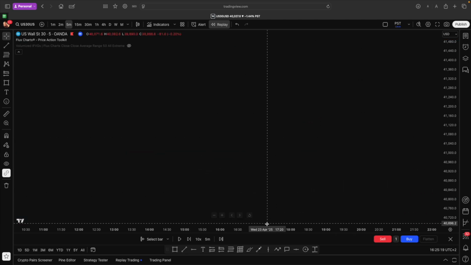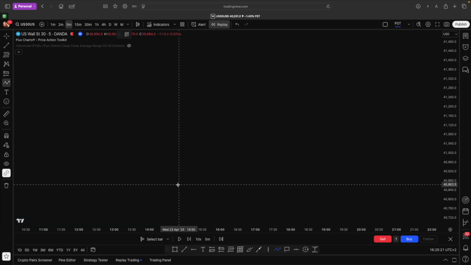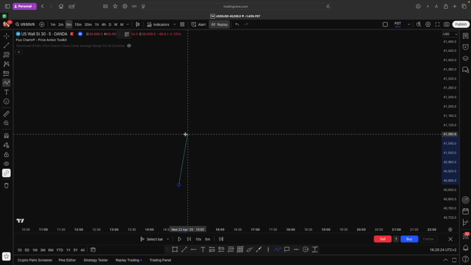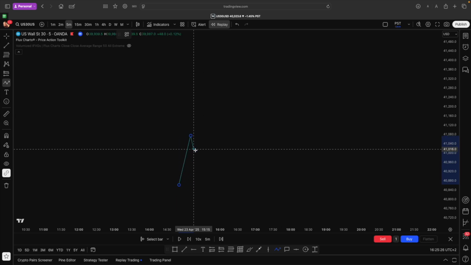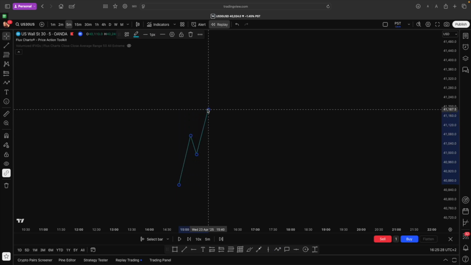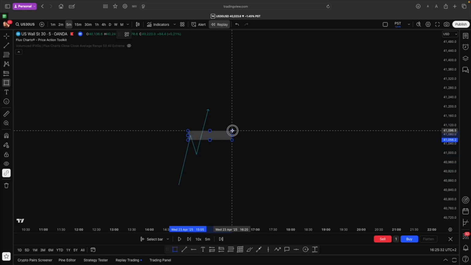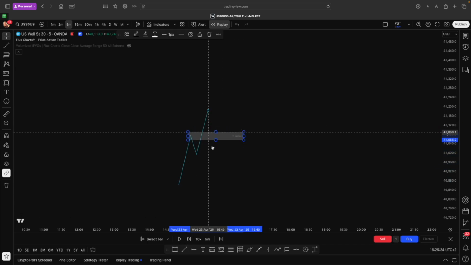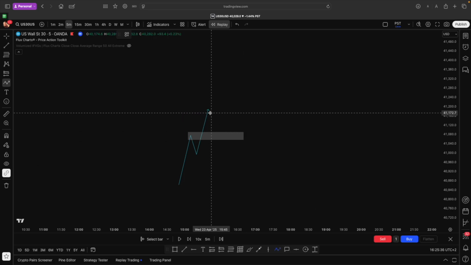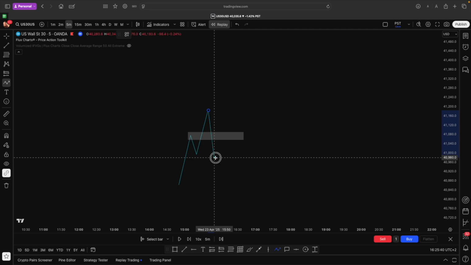Alright, so let's just quickly recap this one. If New York opens and we get our opening candle, we want price to create a fair value gap, and then we want price to turn this fair value gap into an inverse fair value gap.